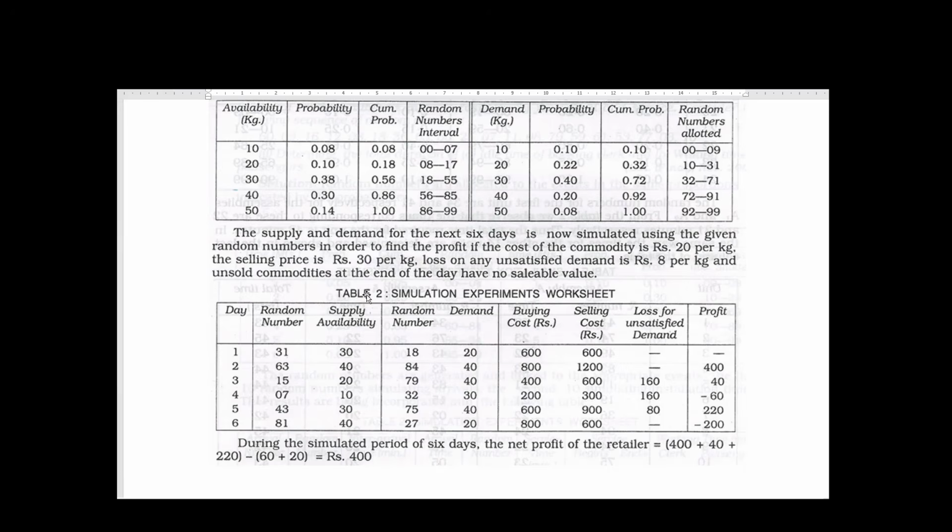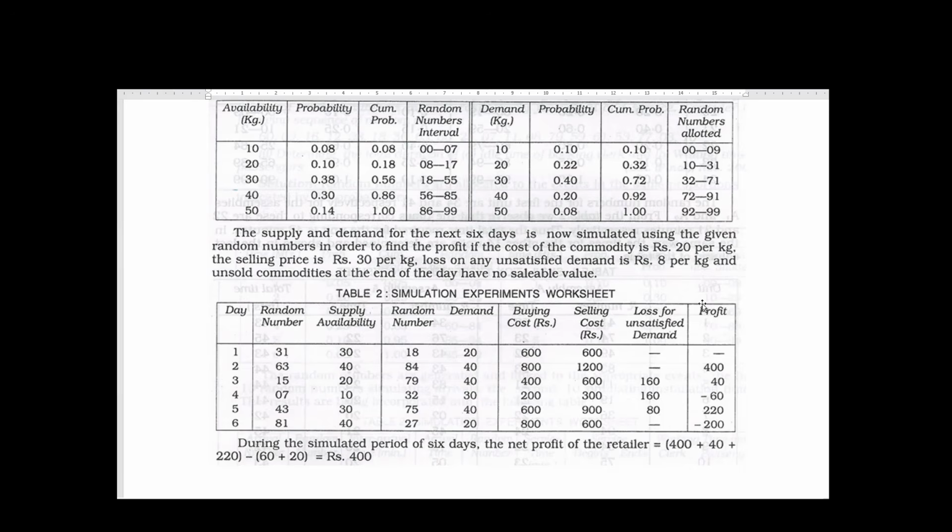But in some places you will understand that the selling will happen only of the material you have, right? Suppose sometimes the supply is less and demand is more. In that case you will have unsatisfied demand, but the revenue will be from the amount you are going to sell only, right?